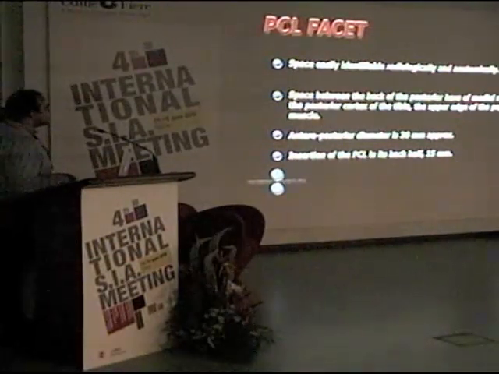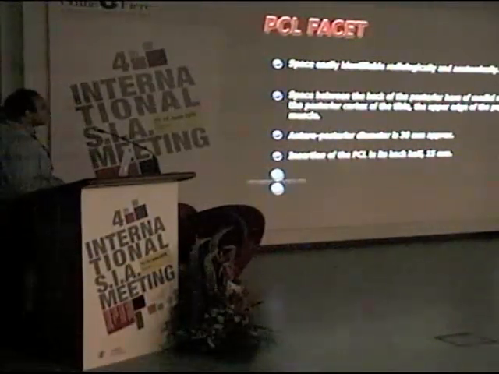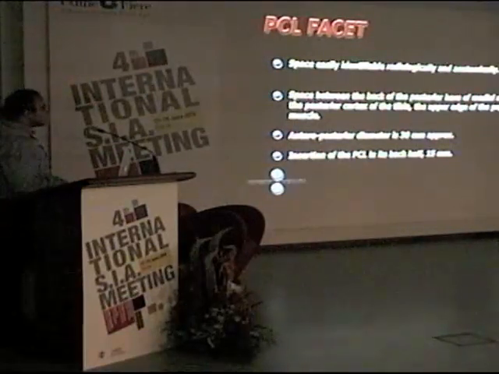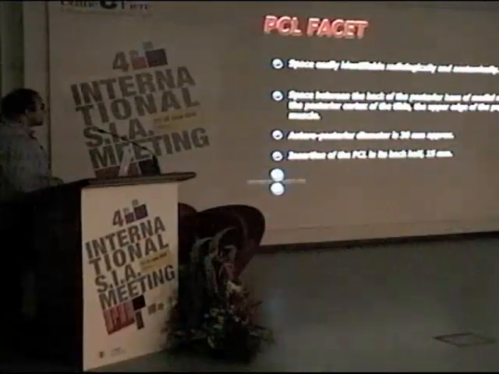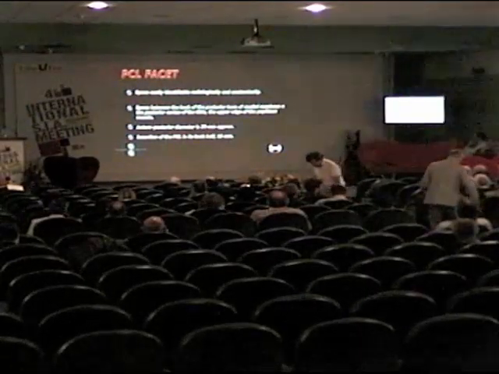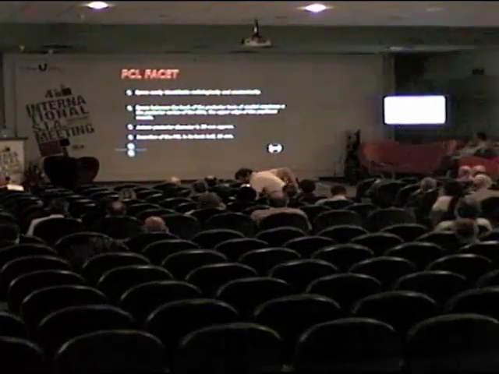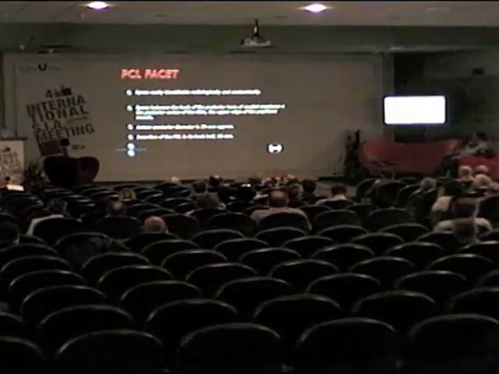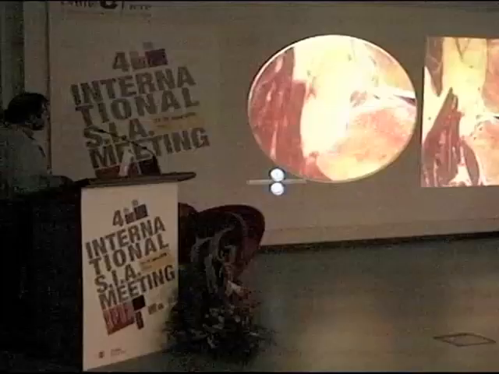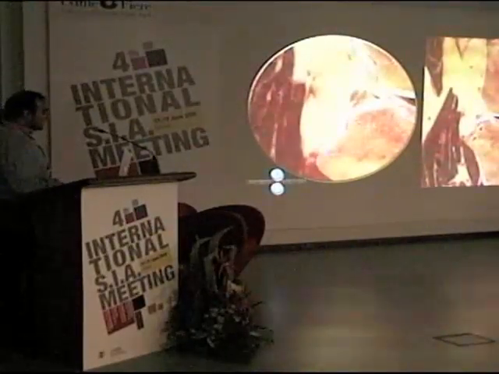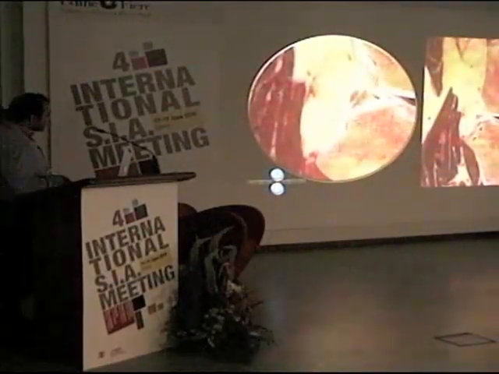There is a space between the back of the posterior horn of the medial meniscus, the posterior cortex of the tibia, and the upper edge of the popliteus muscle. Its anterior posterior diameter is about 30 millimeters, and the PCL attachment is located in its back half. Here we have a sagittal cross-section that shows us this PCL facet.